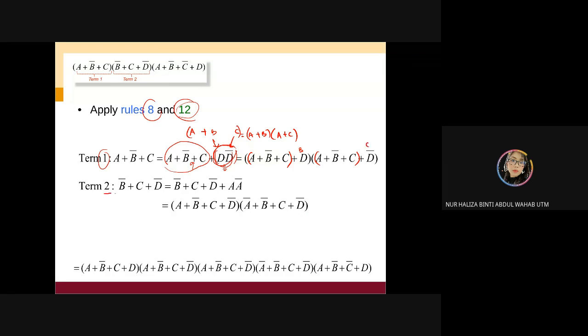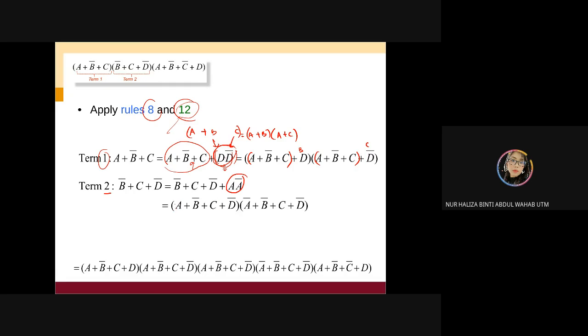For term 2, you are missing A. That's why you're going to add with A here. Then you do similar thing, rule number 12.